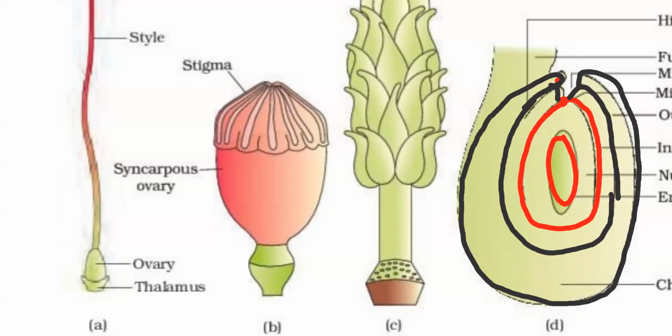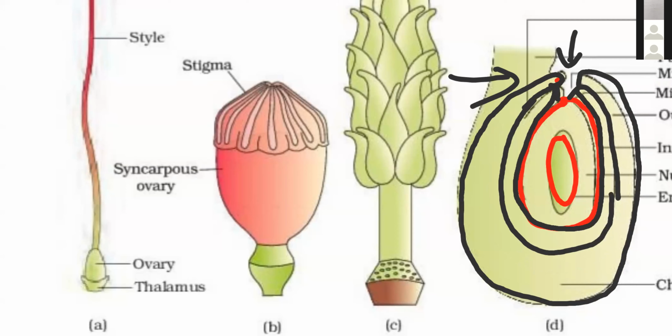Except one point, these integuments cover up the entire nucellus. This point is, जैसे ये दो integuments nucellus को completely envelop करते हैं, except this point. This aperture is called micropyle. This end of the ovule is called micropylar end.